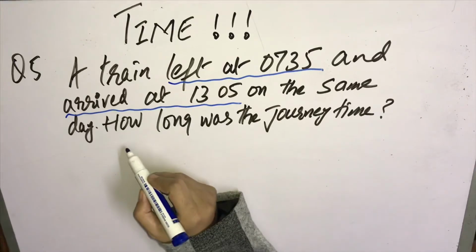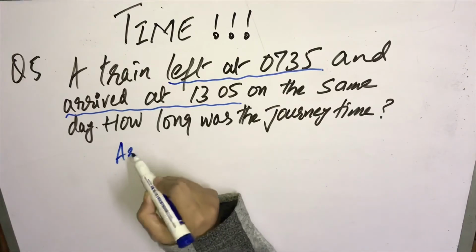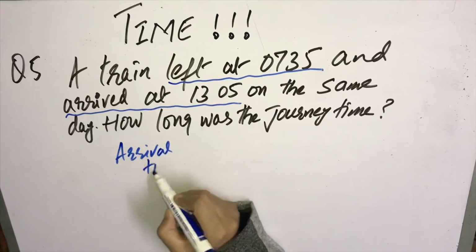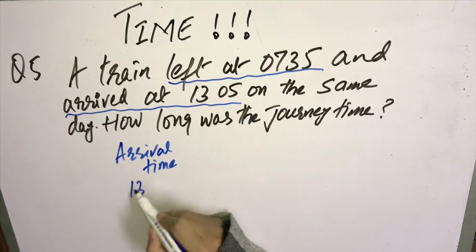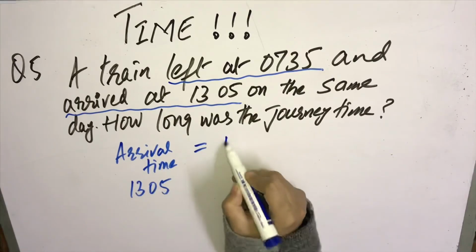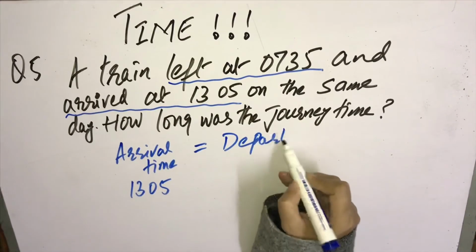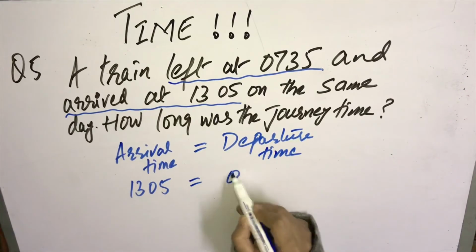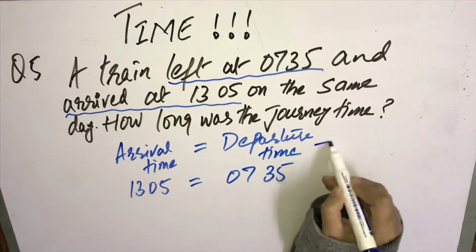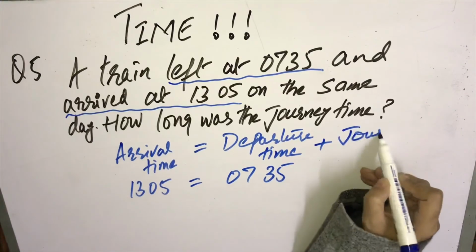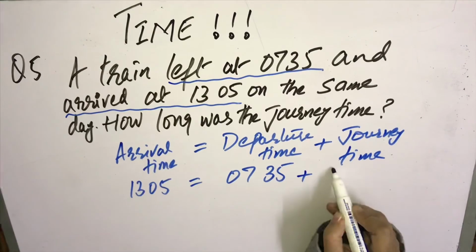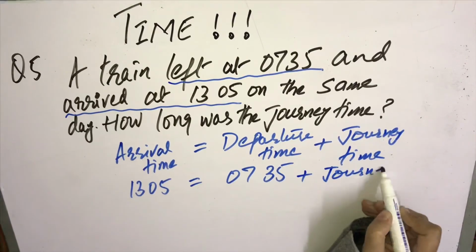How long was the journey? So simply we are going to subtract the departure from arrival. Arrival time is 1305. Departure time is 0735 plus journey time is required. Leave it as journey time.